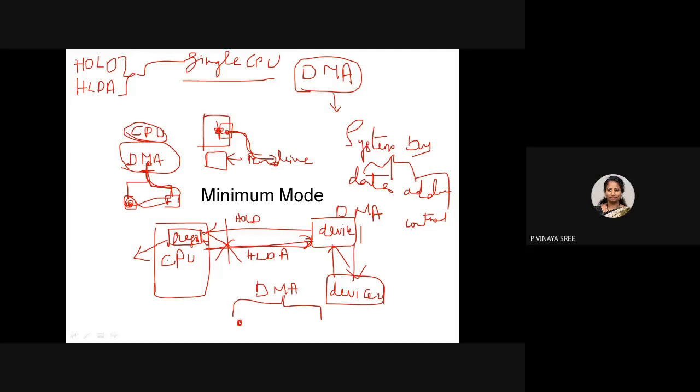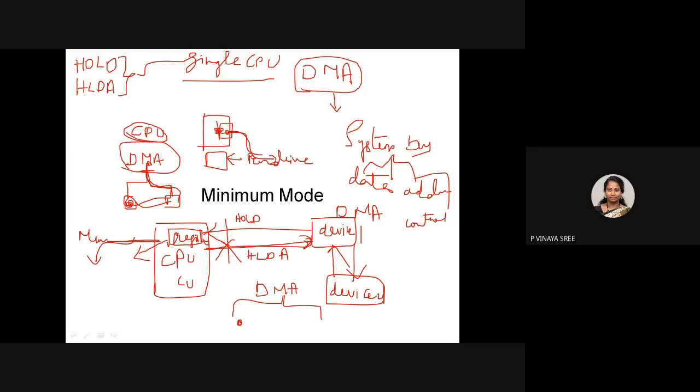Why? Because if a processor wants to execute an instruction that is present inside memory, it has to fetch the instruction with the help of the address bus, then get the data with the help of the data bus, then get a corresponding signal from the CU, whether it is a read operation or a write operation. So if this is given to DMA, the processor will execute the instructions present inside a register.